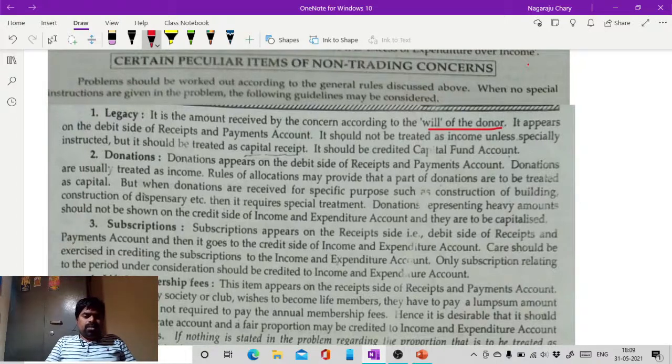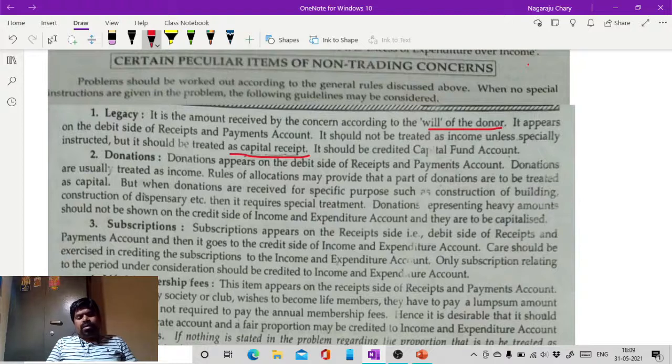Okay. So why is it treated as a capital item? The donor is not ready to contribute regularly. This is not repetitive in nature. This is non-repetitive in nature.